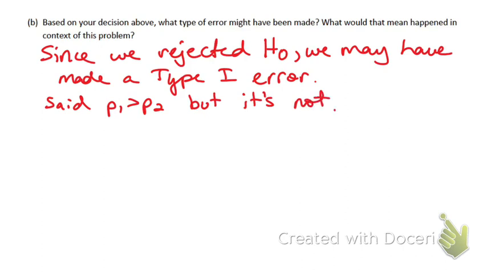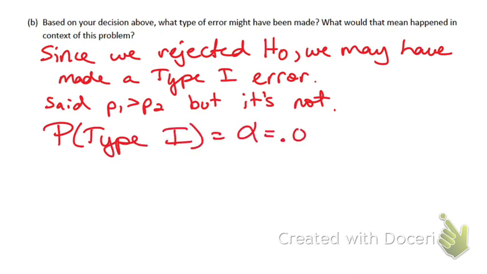Now, there was very little chance that this was sampling variability, but what's the probability that we made a type 1 error? Very good. The probability of a type 1 error is literally just alpha, and in this particular problem, that was 0.05.